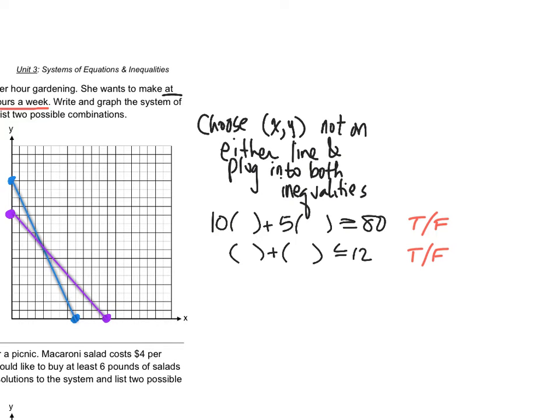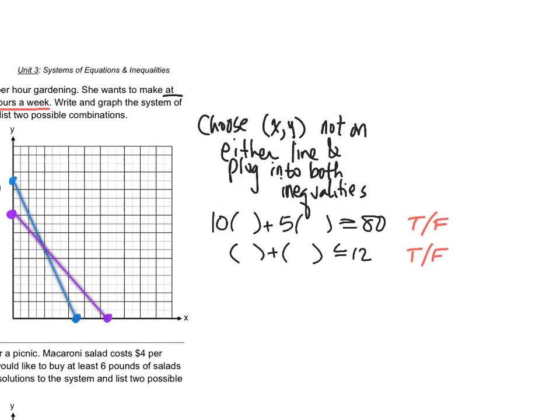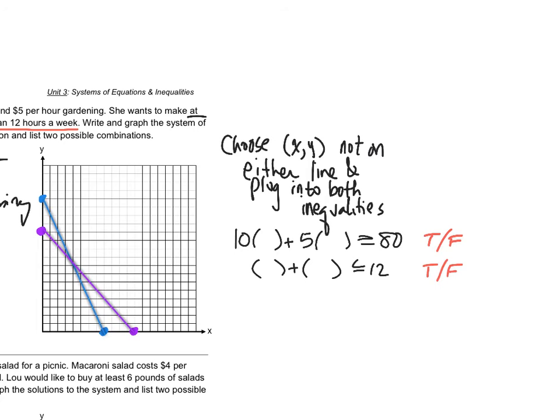So looking at the graph, can you give me the most convenient xy coordinate that does not fall on either of those two lines? 0, 0, exactly. If you have any control over the situation, and you do, we want to choose 0, 0 if possible.